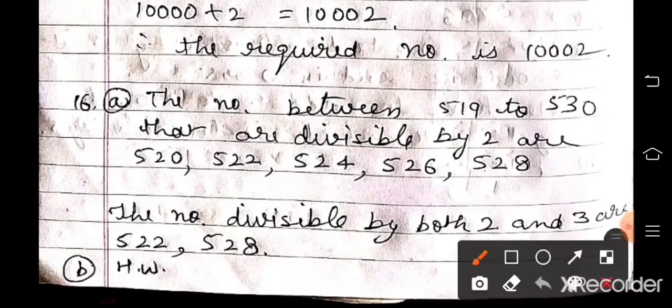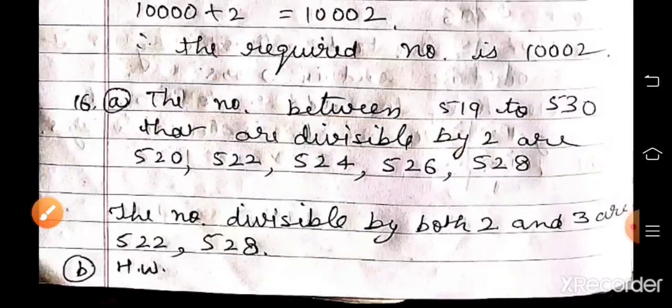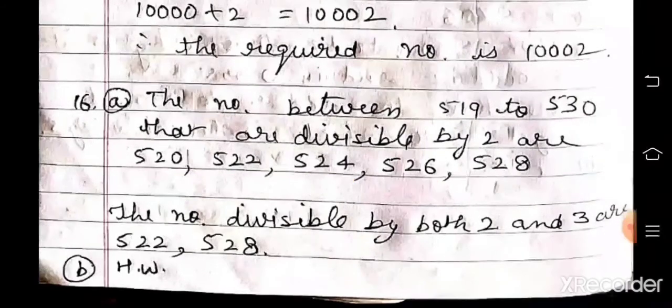Now the 16th question. Find all the numbers between A part 519 and 530 divisible by both 2 and 3. So the numbers between 519 and 530 that are divisible by 2 and 3 are... First we check for 2: 520, 522, 524, 526 and 528.